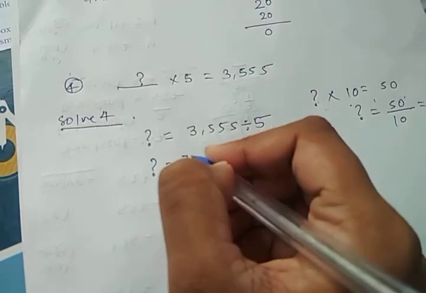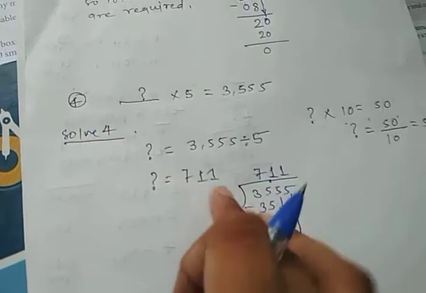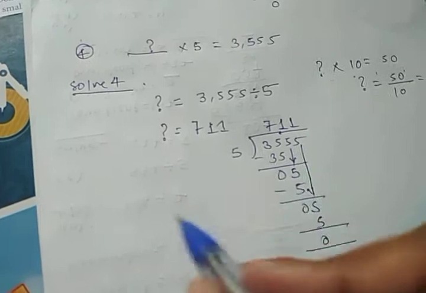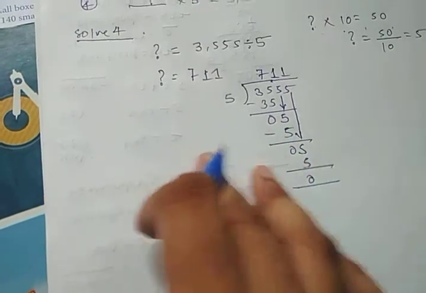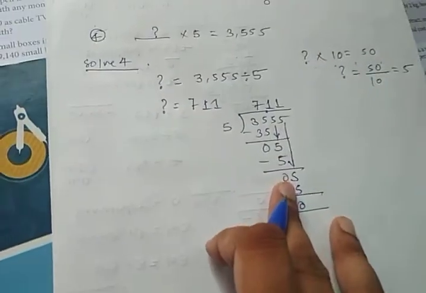When you multiply 711 by 5, you will get this number. I am not writing it here. When I give you the PDF, I will write this answer there, that the missing number is 711.